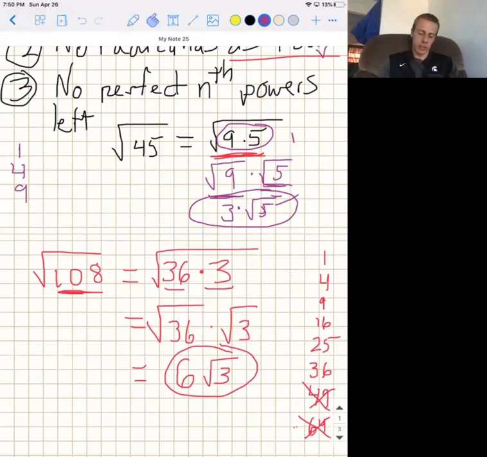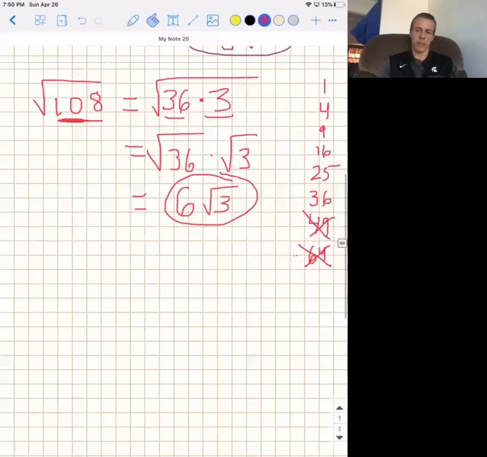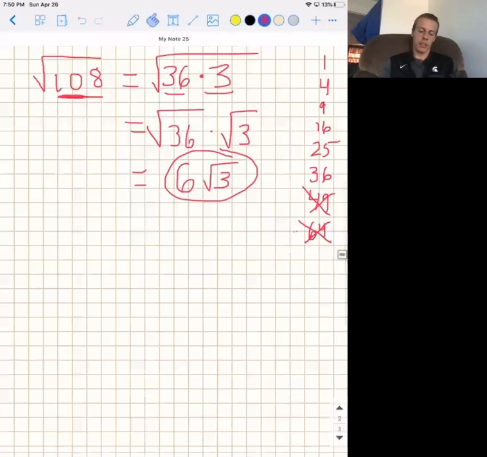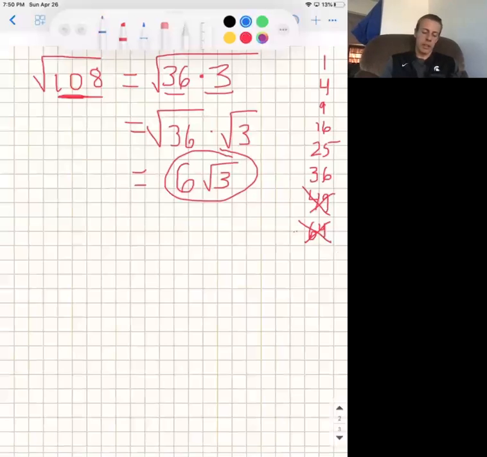Let's make this a little trickier. Let's say, for this example now, let's say we want to take the square root of 9x cubed. You're probably saying, oh, okay, well, Mr. Jones, let's find some perfect squares.